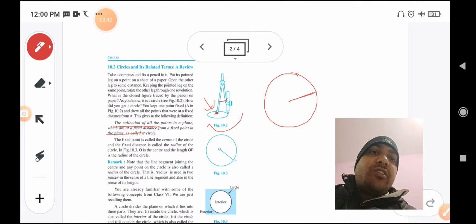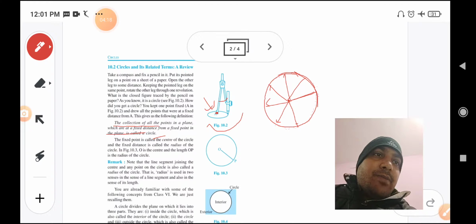This is the fixed point, and these are the points at equal distance. The path made by the moving point, or moving hand, is known as the circle. So this is the circular path.